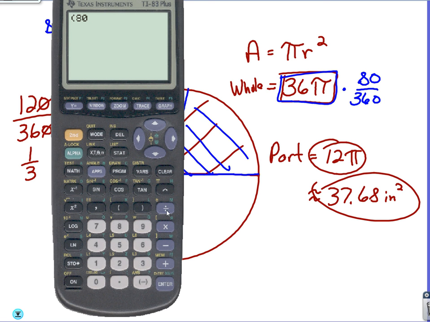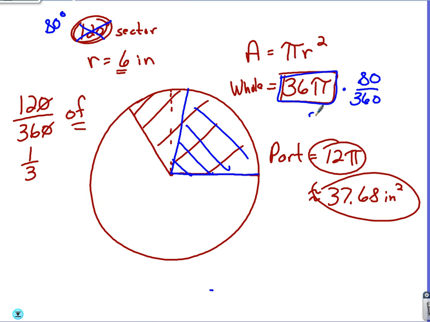I need 80/360ths of 36 pi. Somewhere around 25.13, which should make sense. This red part had 37.68 as an area. The blue part, that 80-degree portion, would have about 25.13 square inches.